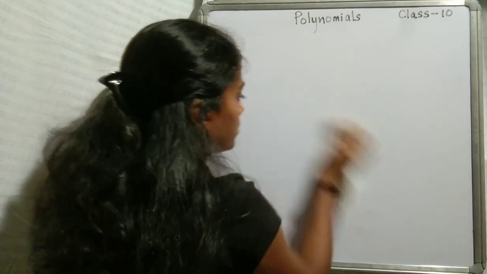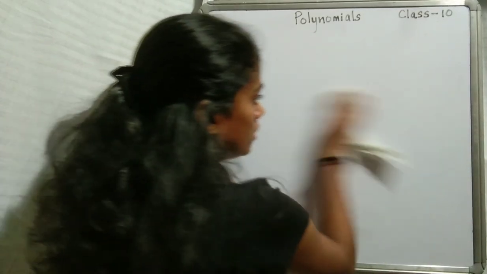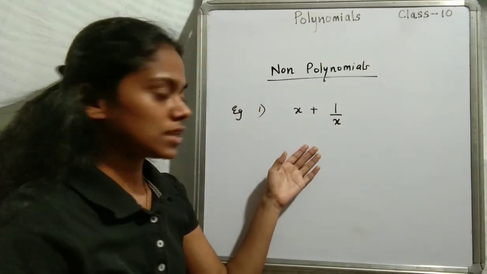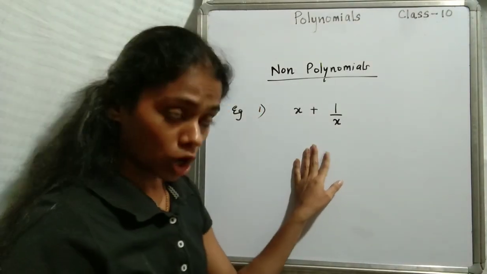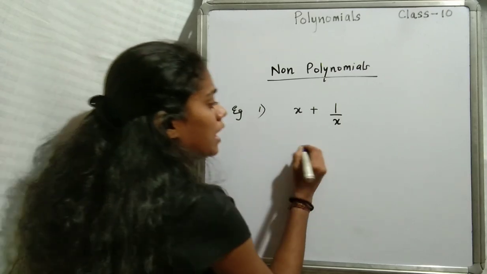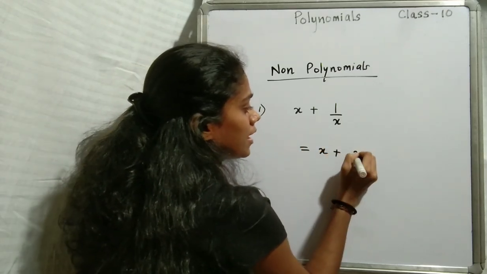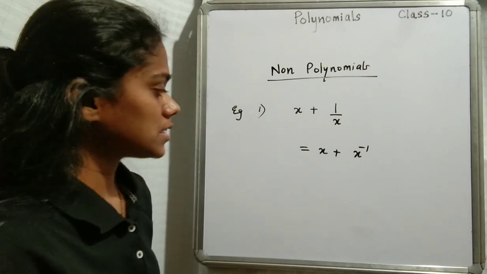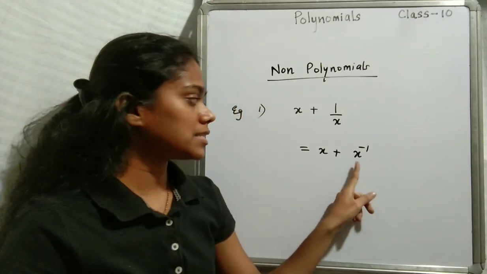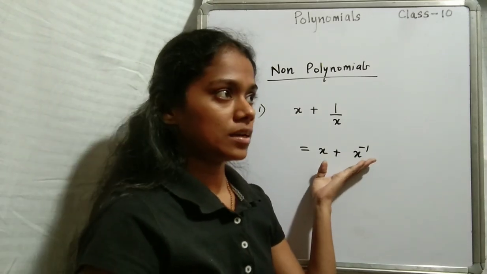Now we will see examples of non-polynomials. Now you can see that this is an example of a non-polynomial because I can write this as x plus x to the power minus 1, and you can see the power of this variable is a negative number, right?